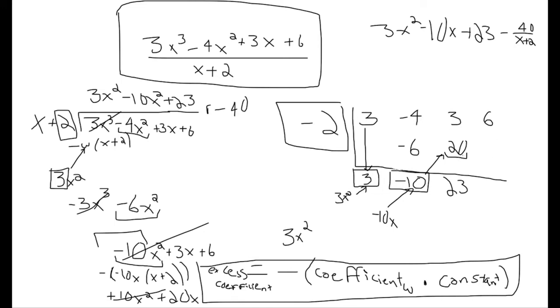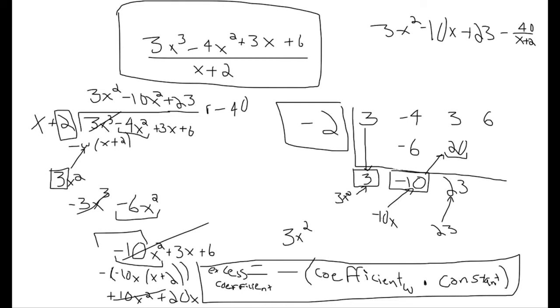Now we just have to add the excess's coefficient with the original polynomial's term's coefficient to get the coefficient of the new term, and that new term is going to have the same coefficient as the w. So this represents the w's coefficient. So this is going to represent just 23. And so this is just going to represent the w.